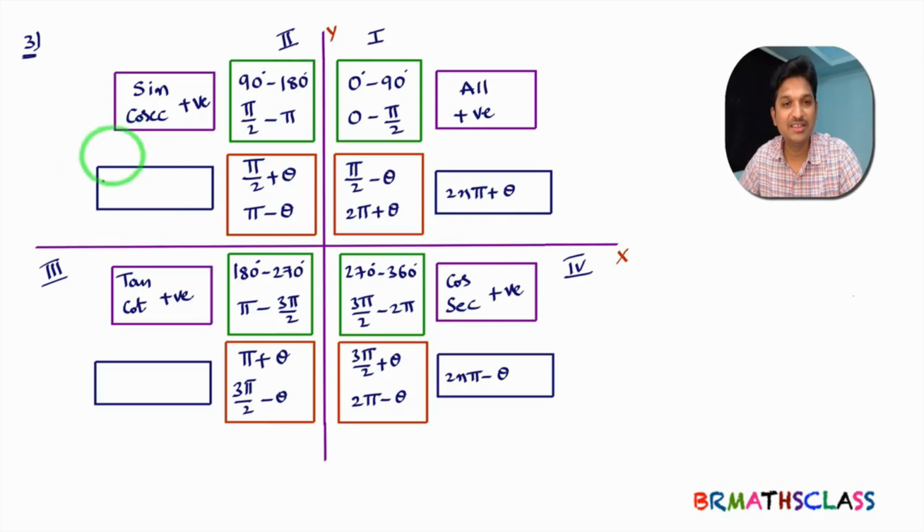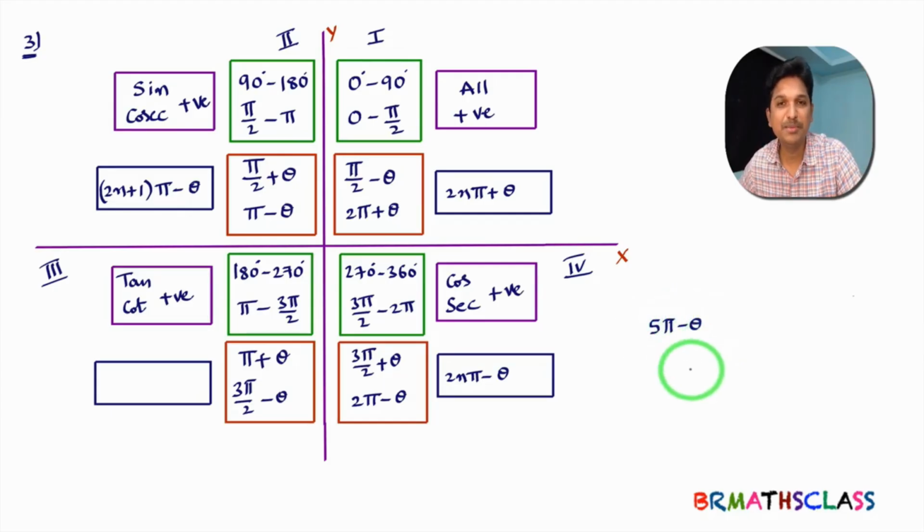Now you see these things, second quadrant. In second quadrant, generally odd number is denoted by 2n plus 1. Odd number into pi minus theta lies in second quadrant. Here 2n plus 1 means odd number. 1 into pi minus theta. You see here pi minus theta, like that. For example, 5 pi minus theta.